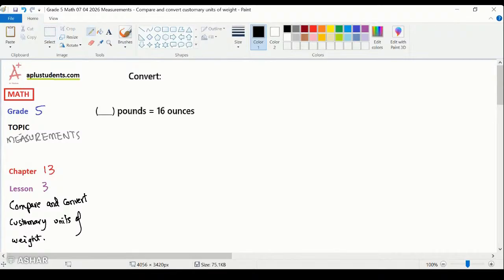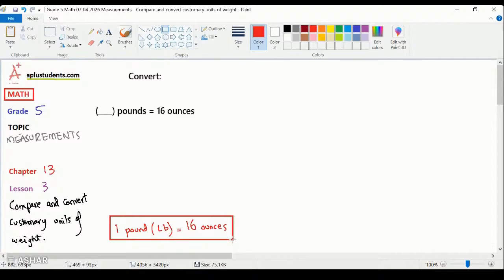So what we need to remember is some conversions. We need to remember that 1 pound, pound is for weight, it's denoted by lb as well, always equals 16 ounces, right? I'll highlight that and we'll try to remember these values.